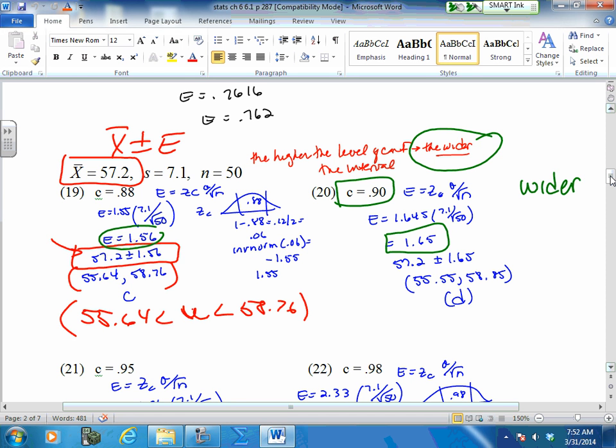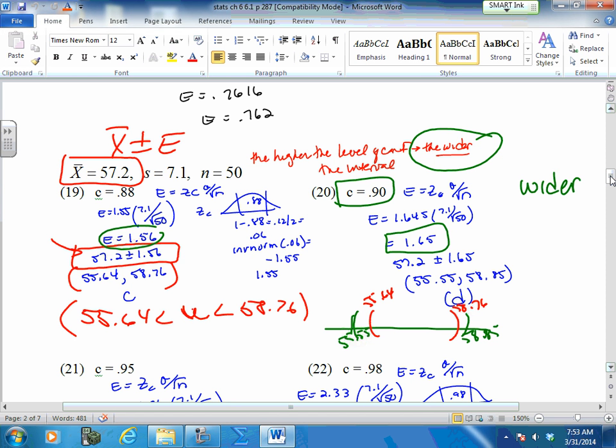So now, instead of, here's my 55.55, and here's my 58.85, as opposed to my 55.64 and my 58.76. It just expanded it a little bit. It gave me a little bit more wiggle room. The more confident you want to be, the wider your interval gets. Not bigger, wider.